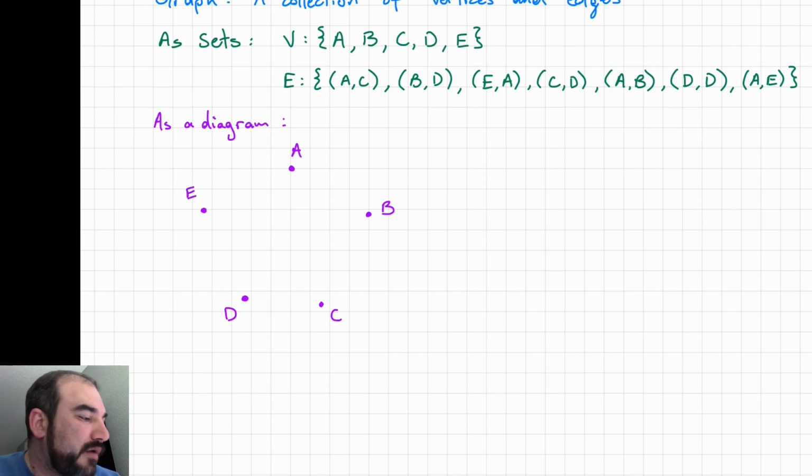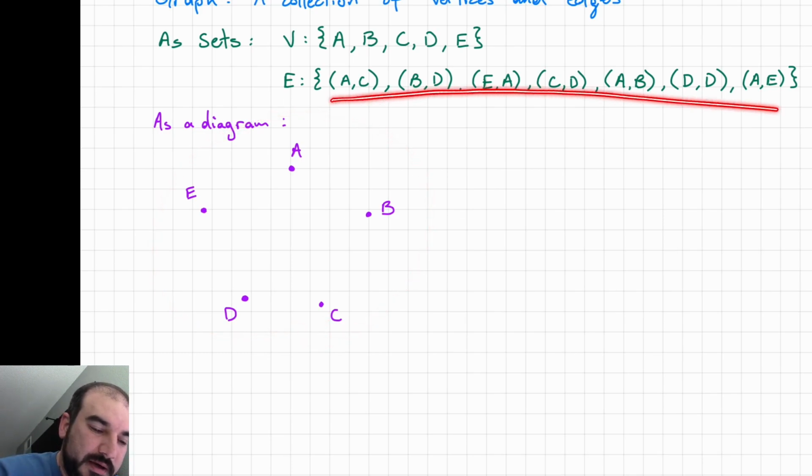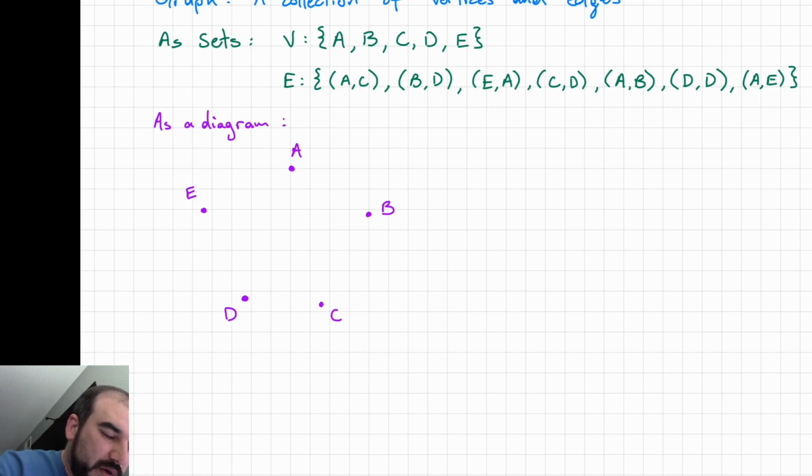You should have 5 vertices, and then the set of edges are going to be represented with lines connecting these vertices.